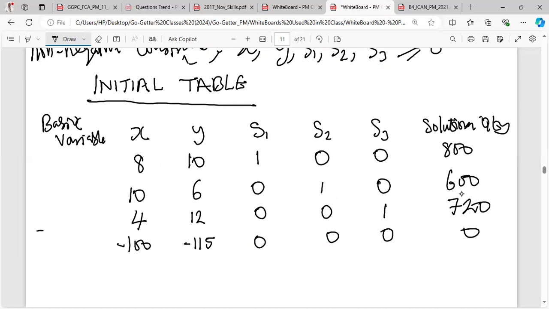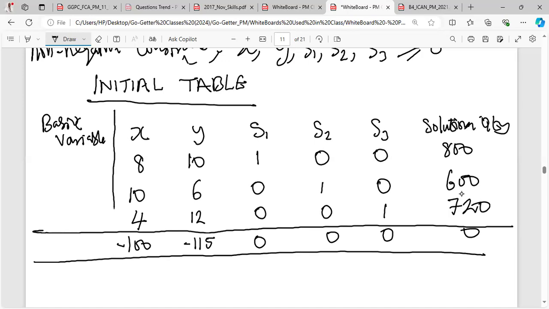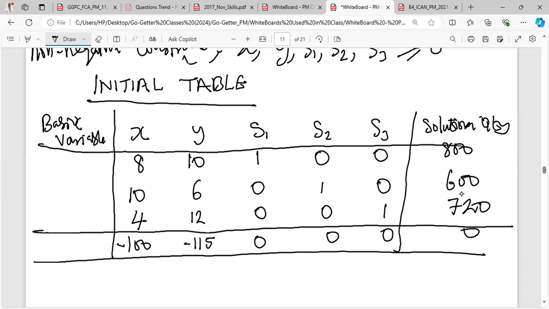So that's it. We have almost formed the basic variable.